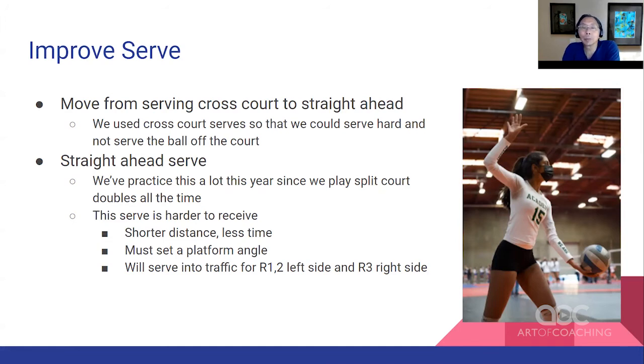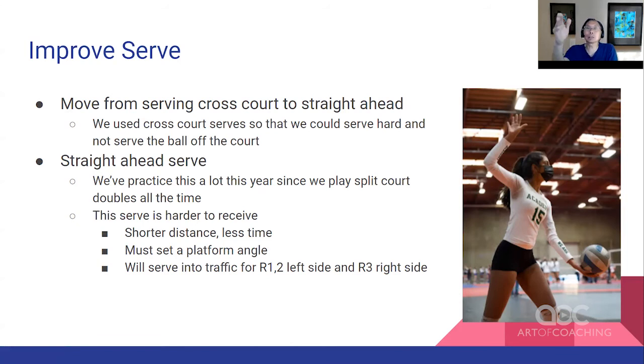And then finally, on the left side, when they're in rotation 1, the setter is crossing in front of the outside hitter. In rotation 2, the middle is crossing in front of the receivers. And so on that side, we want to serve straight ahead into that traffic, serve hard and fast and cause some issues there.